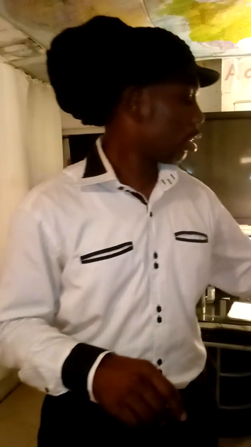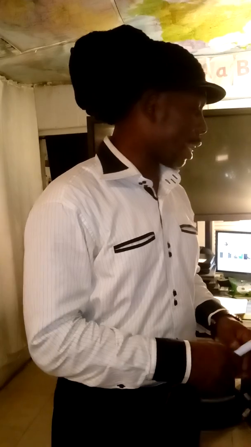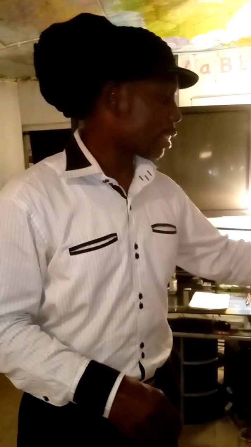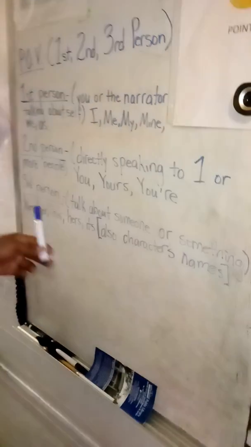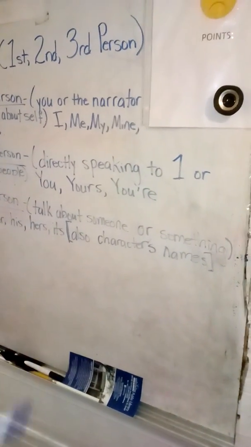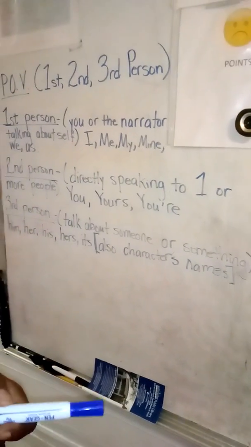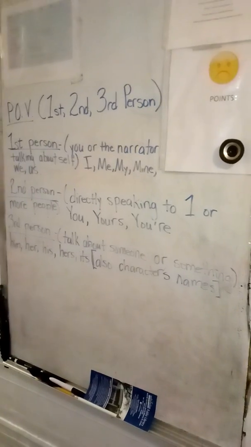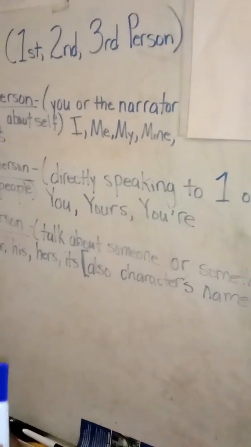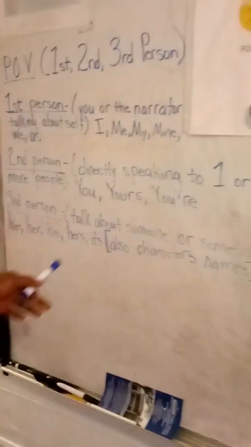Now, I'm talking in third person. I said his friends. I am talking about someone, right? I'm talking about someone. Who is someone? Elisha. I was talking about who else? Elisha, Zechariah, Amun Ra, and the friends. So I'm talking about someone.